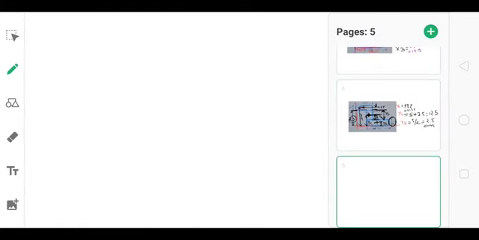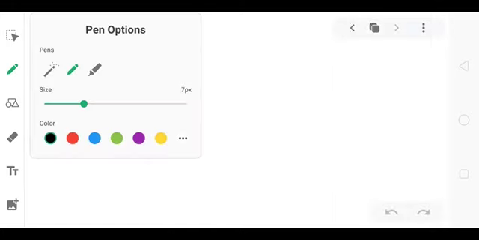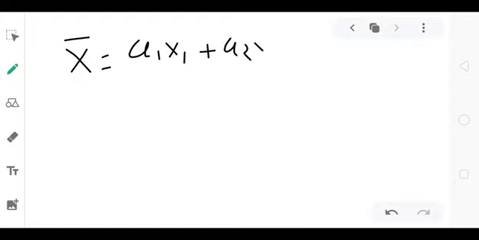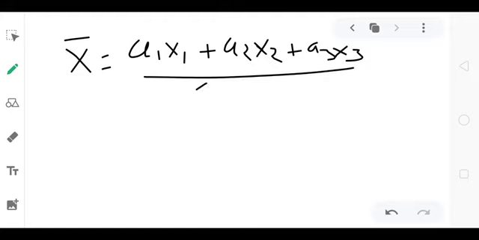We have found A1, A2, A3, x1, x2, x3 and y1, y2, y3. Now we have the equation: x bar is equal to a1 x1 plus a2 into x2 plus a3 into x3 divided by a1 plus a2 plus a3.